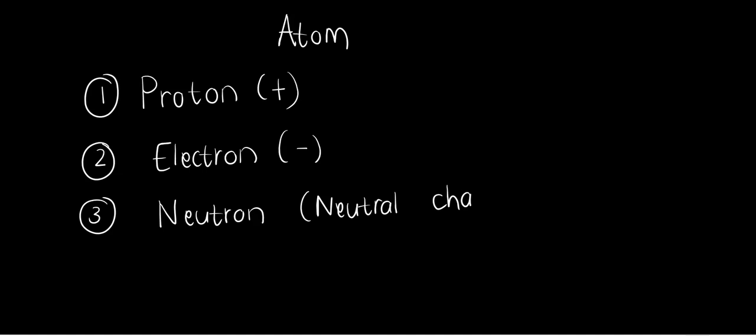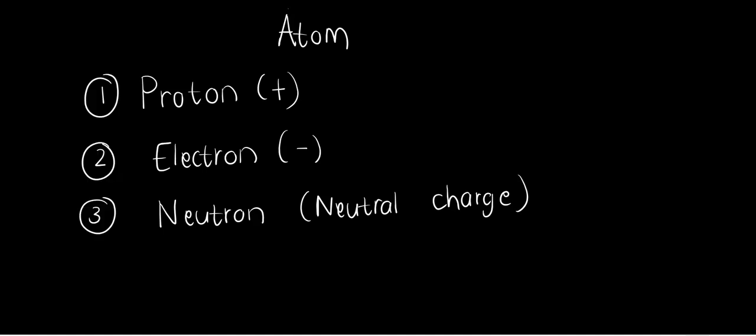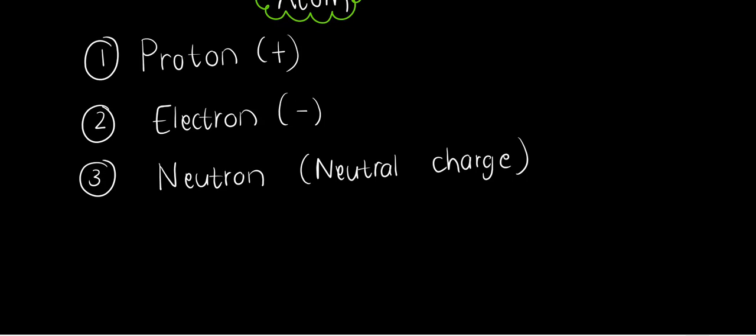So guys, to understand electrostatics, we must first have a very good idea about the atom. You can't be confused there. So I'm going to show you the structure of the atom. So let's draw an atom.